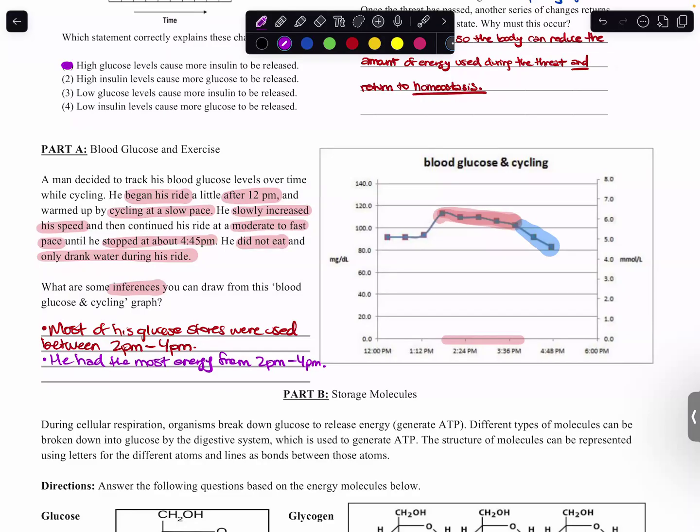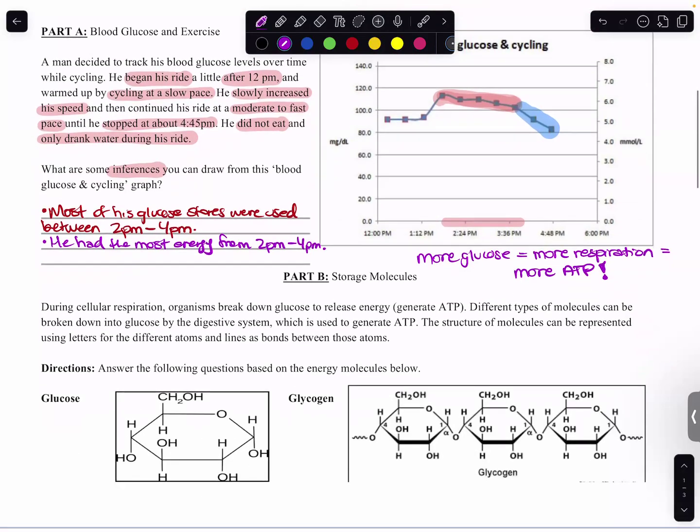Because his glucose level was the highest in his blood. More glucose equals more respiration, and more respiration equals more ATP, right? It's pretty simple. The more glucose I have, the more energy I can make. Okay. All right, we are off to an excellent start.